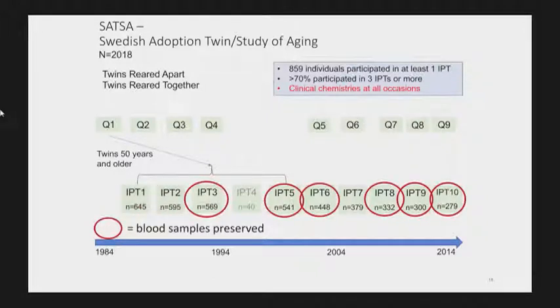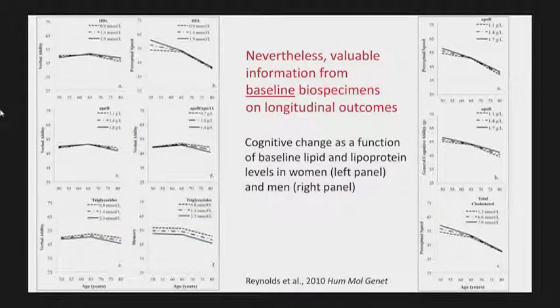As a result, we only have blood samples that are adequately preserved, saved, and stored, and we have been using them for some time, from only some of those longitudinal locations. Nevertheless, we do have valuable information from baseline biospecimens, at least that first wave where we did have serum that we could be using, or the lipoprotein panels, clinical chemistries, and longitudinal outcomes.